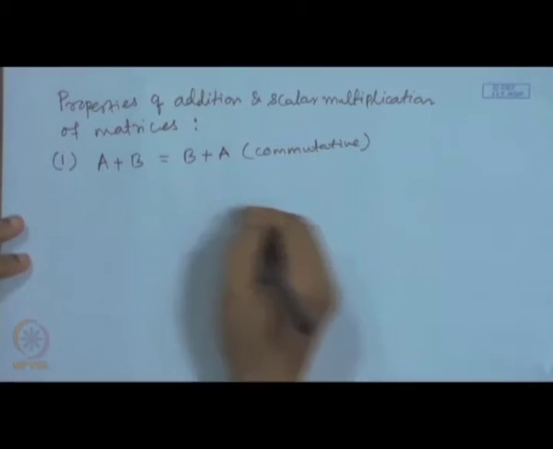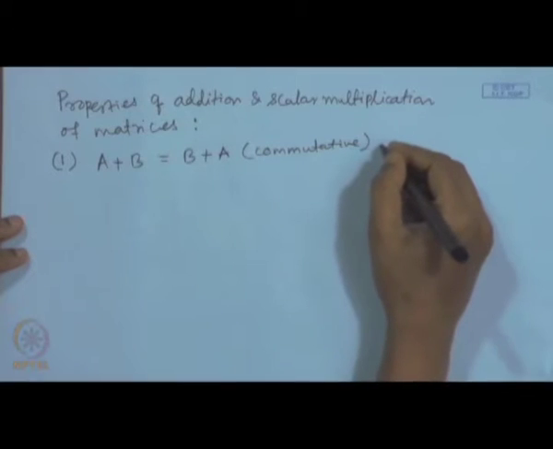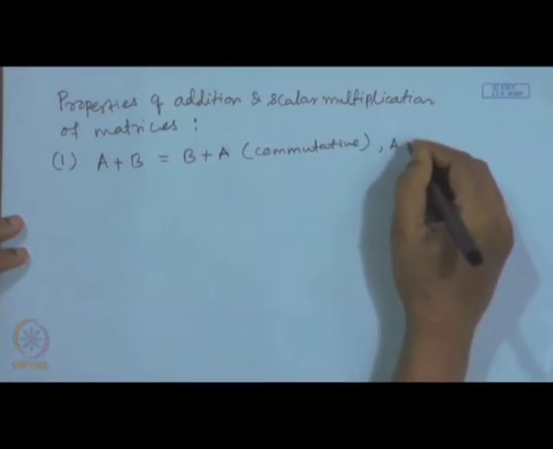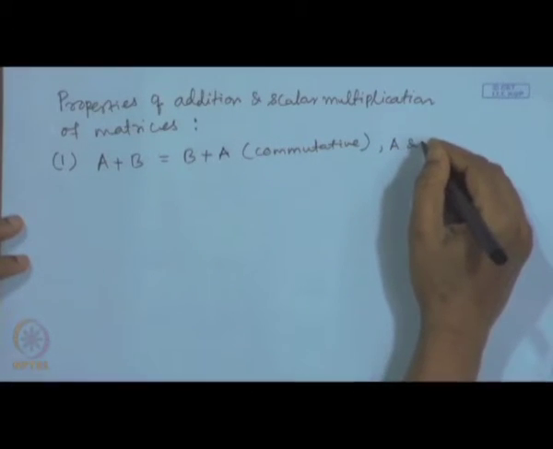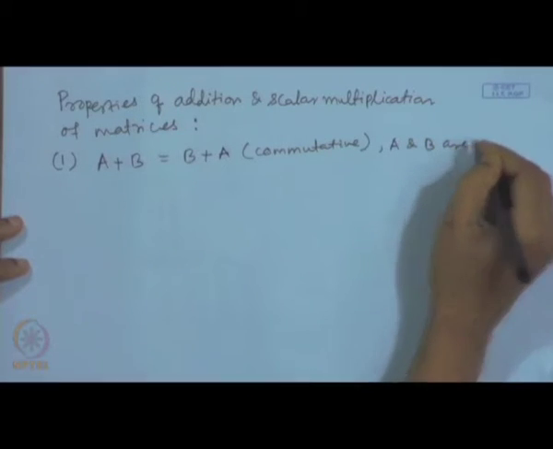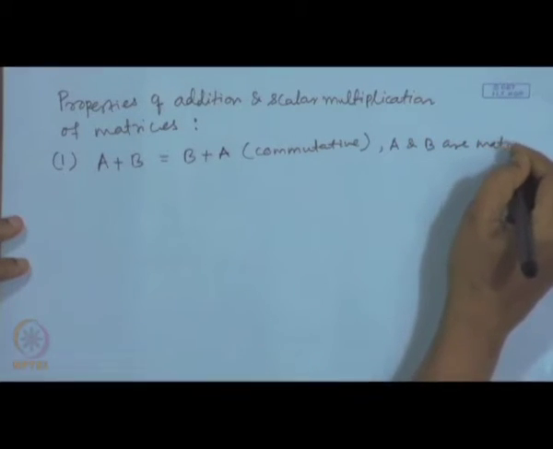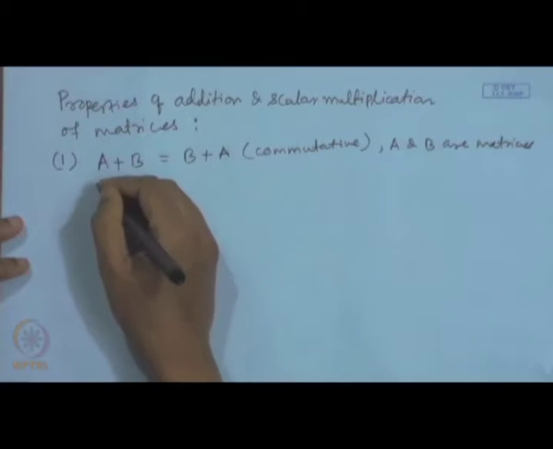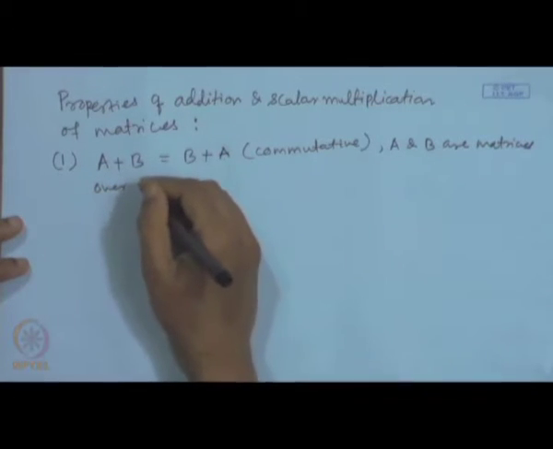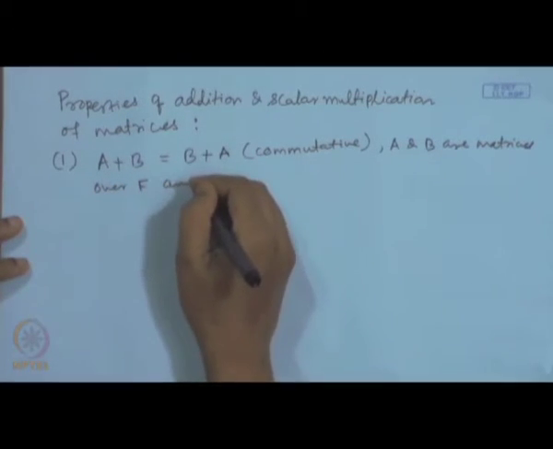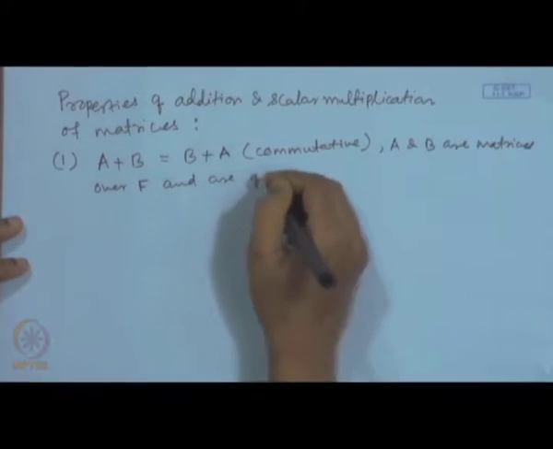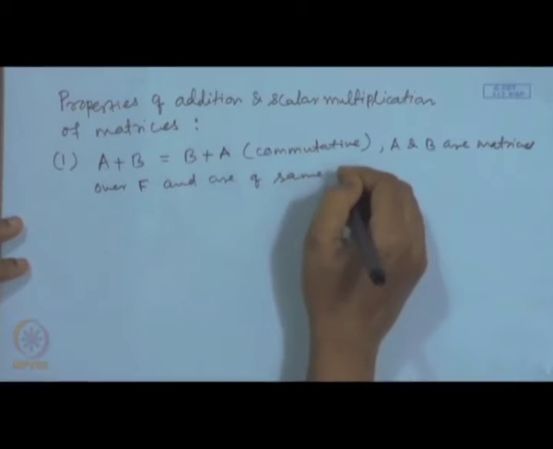Here A and B are any matrices over the same field F and of the same size.